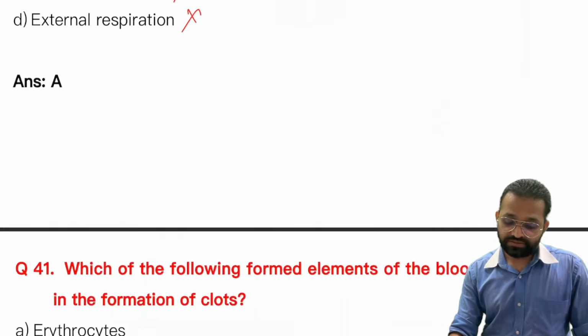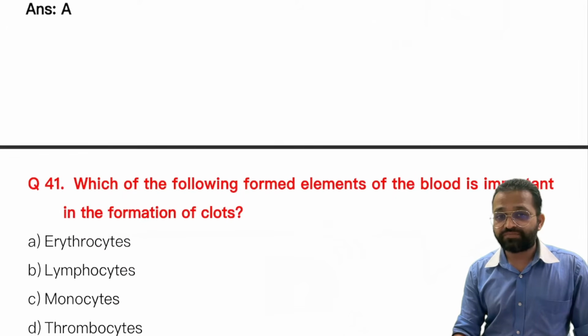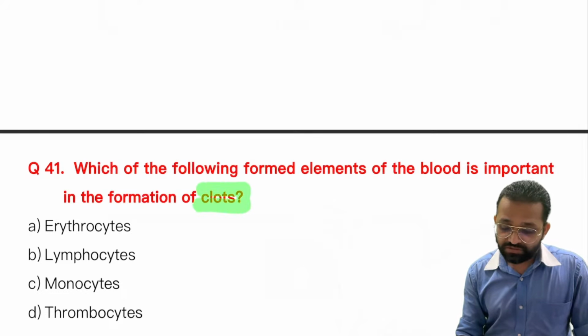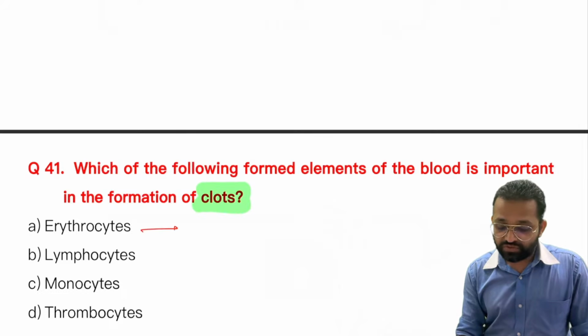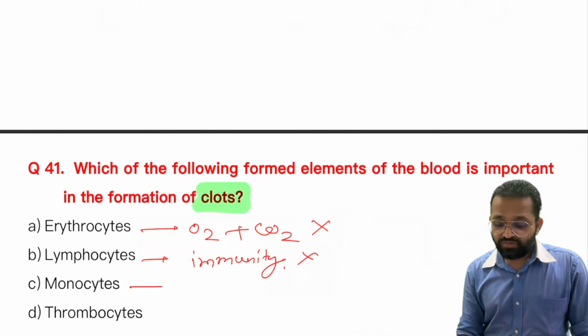Okay, yes. Which of the following formed elements of the blood is important in the formation of the clot? So again, it is an easy question. RBC? No, sir. It is carrying the oxygen. Carbon dioxide? It is not the answer. Lymphocyte? Sir, it is participating in immunity. It is also not the answer. Monocyte?